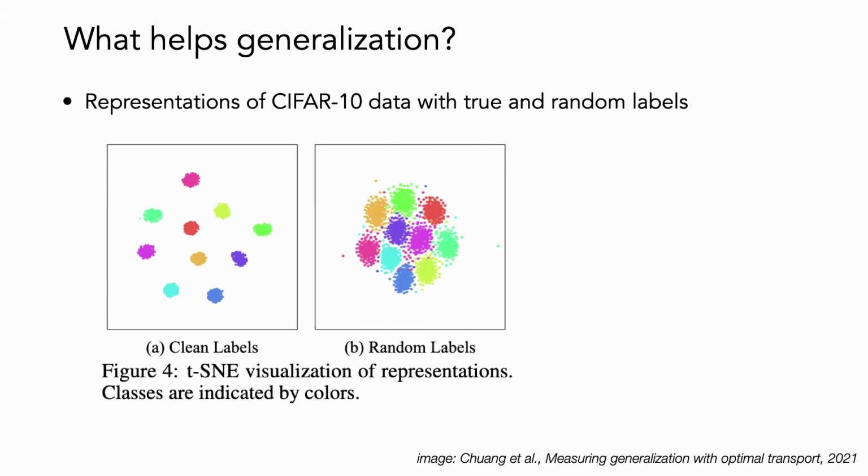If you look at this specifically on something like CIFAR 10, which is a very low dimensional image categorization problem where all of the images are very low resolution and small, and the categories are simple. If you train a classifier on CIFAR 10 with the correct labels, and then you look at a t-SNE visualization of the representations on the training data, right?